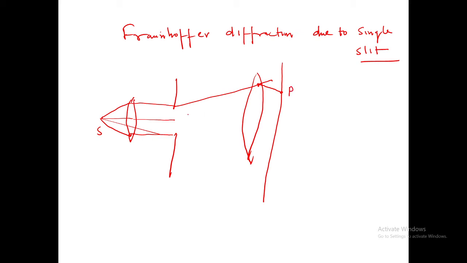This is point P. This ray is also approaching this point, and this ray is also, after refraction, approaching this point. So diffraction is taking place at this corner.